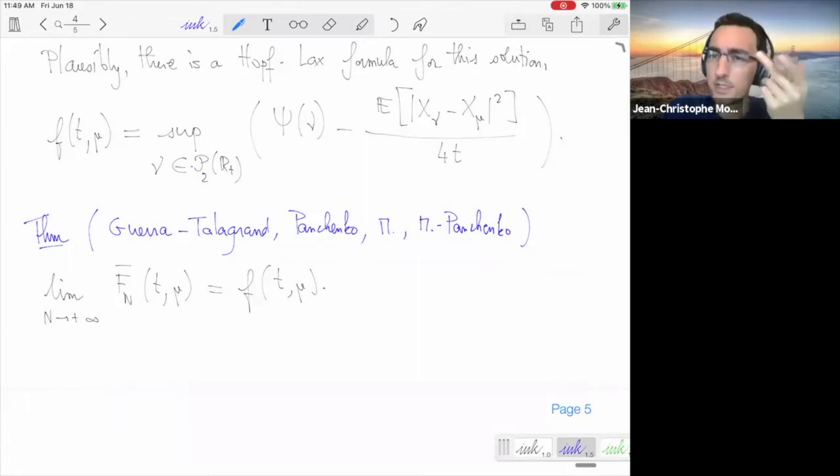I mean, at some point you need to know something about your function. So you mean to prove this Lipschitz estimate for the free energy, right?